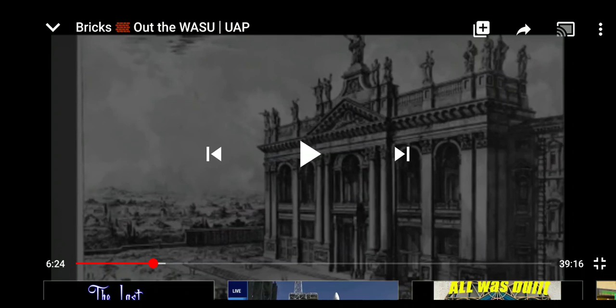We forgot how they function, and they were taken as just architectural pieces, but in fact, they had also a technological use. Let's see this UAP channel that has a lot of pertinent information about the subject.